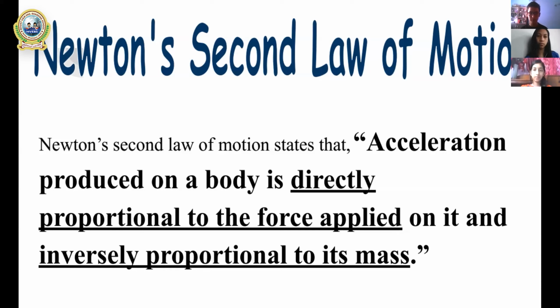If you paddle the bicycle faster, that means you are increasing the quantity of force to move the bicycle, and you can see your bicycle moves faster. It moves faster means that the acceleration of the bicycle increases, right?